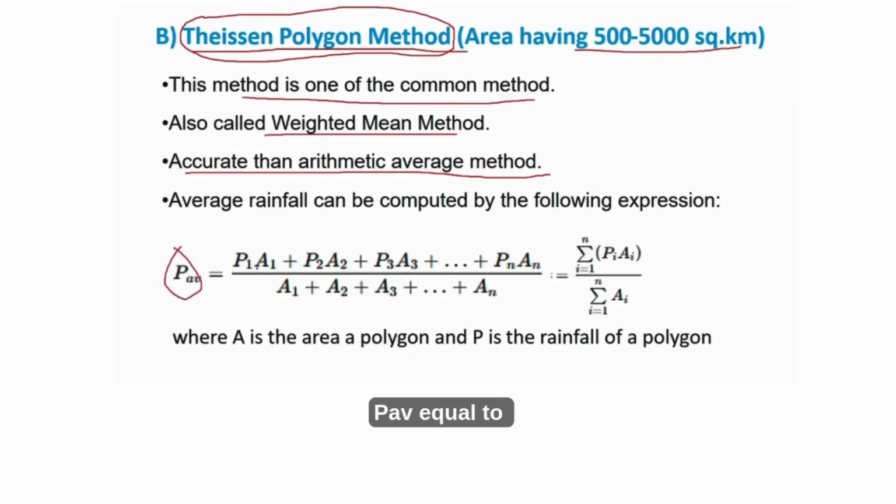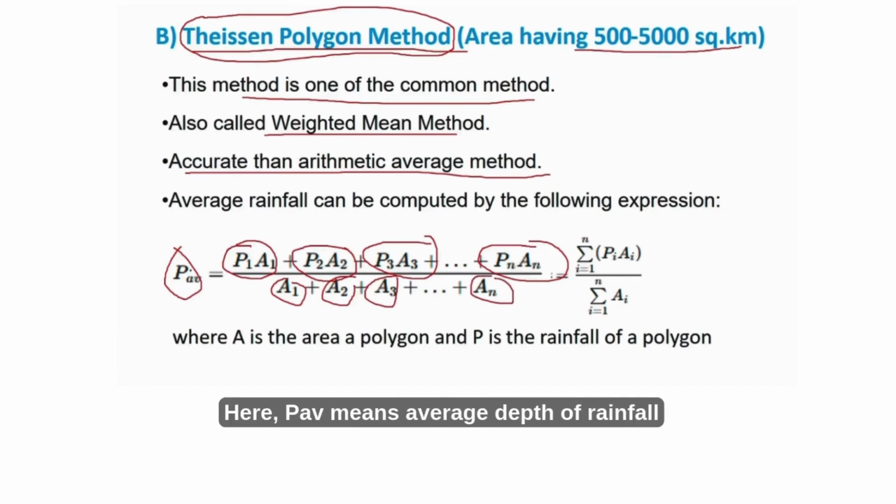PAV equal to P1 into A1 plus P2 into A2 plus P3 into A3 plus up to Pn into An, divided by A1 plus A2 plus A3 plus up to An. Here, PAV means average depth of rainfall in a specific region over a particular time period.